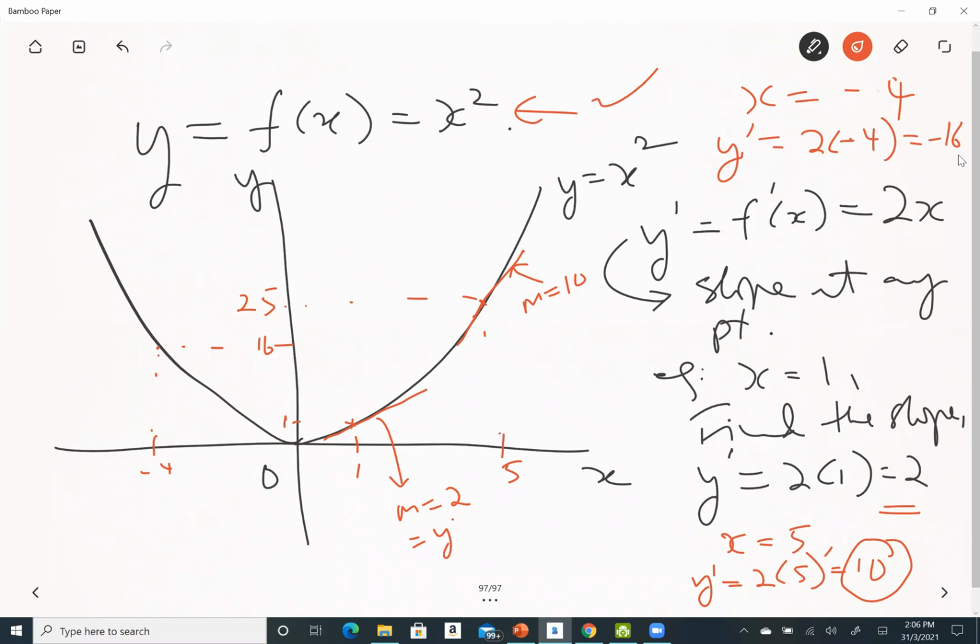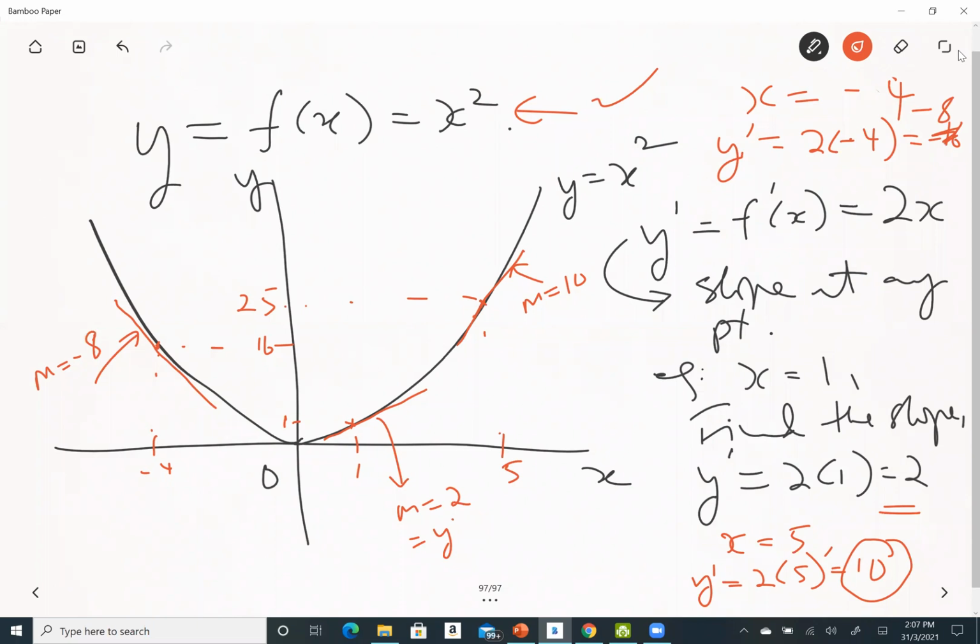It's the slope of the straight line tangent to the curve at x equals -4. Wait, isn't the derivative -8? Yes, -8, thank you. 2 times -4 is -8. So here it is -8, not -16.